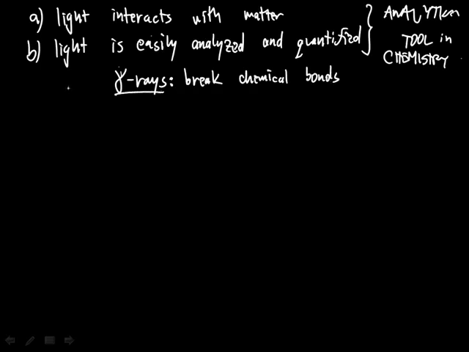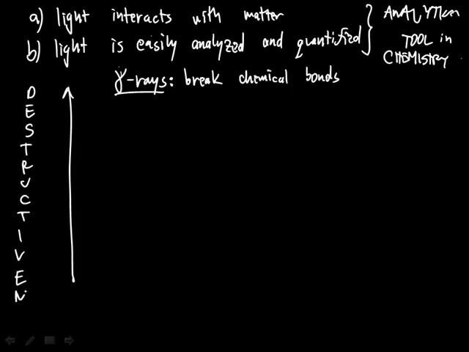So if we're going to put it on a scale of destructiveness, they will be high on top. And so they're not used very much because they will just break up everything. Gamma rays actually are a form of radioactivity, and their very high energy is what makes them harmful.